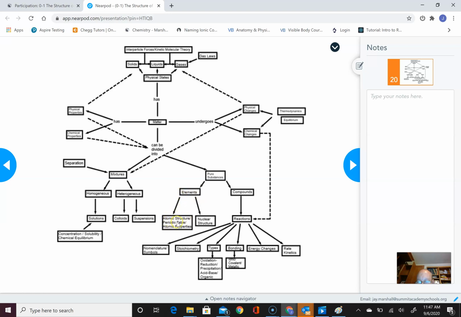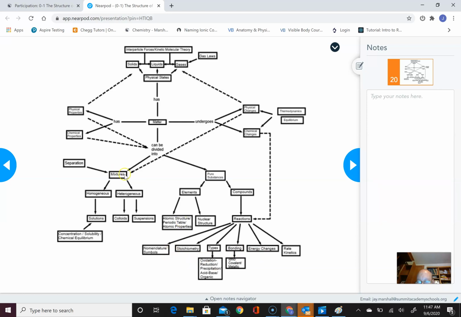I want to know about atomic structure, the periodic table, and atomic properties, and I want to also know about the nuclear structures. So those are the things we're going to want to know about the elements. When we talk about compounds, that's not so much talking about the nature of matter, but it's talking about how matter interacts with each other. And we have all of these things that we're going to talk about related to chemical reactions.